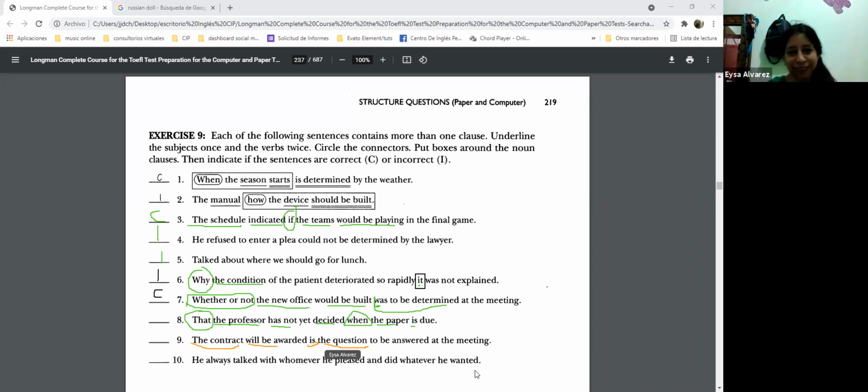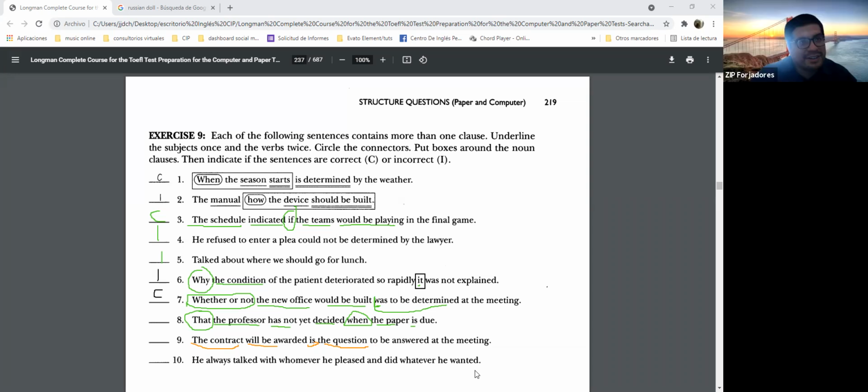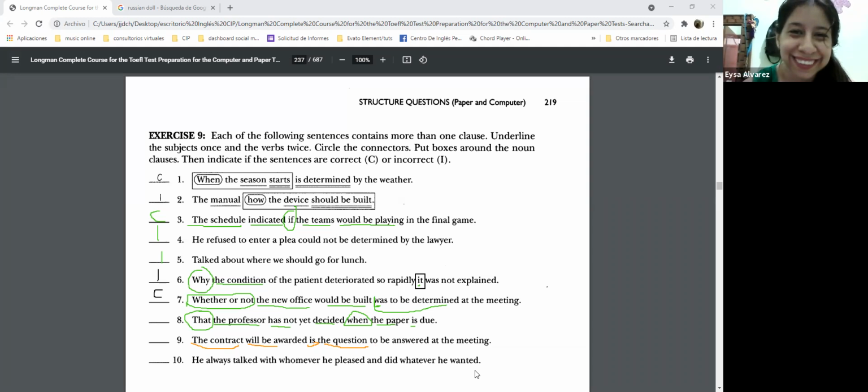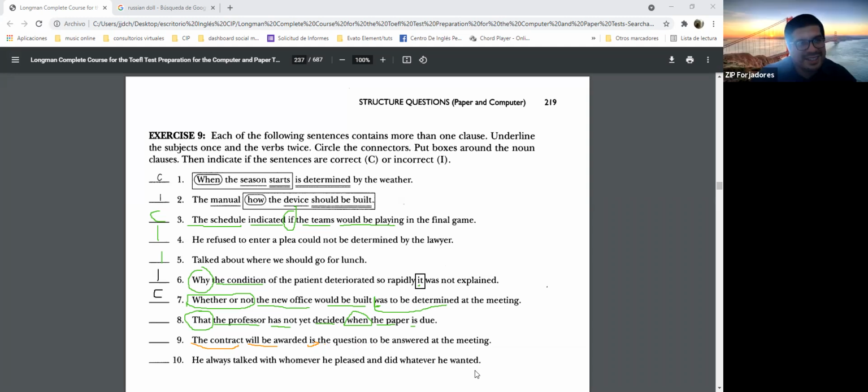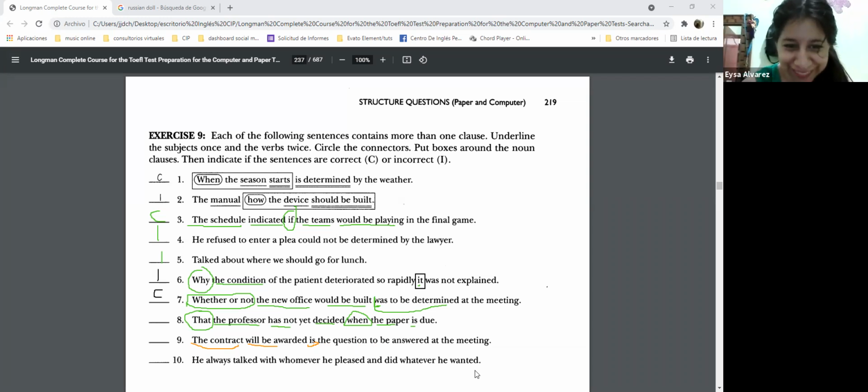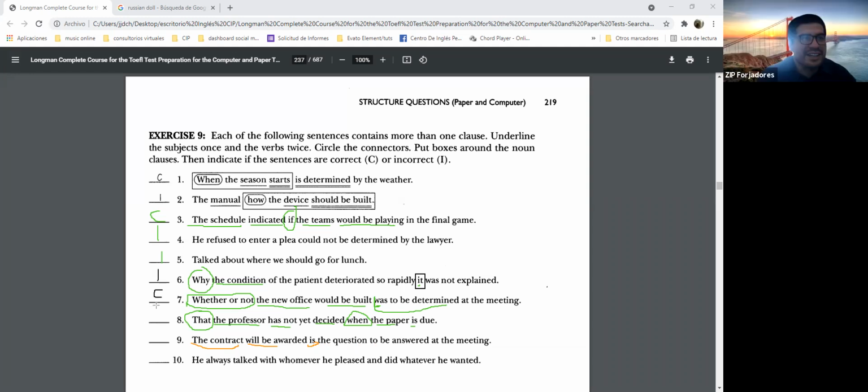The question is, is the subject, right? No, because it's after the is. Is the object? It could be the object. Yes. But I think it's incorrect, because we don't have a noun class connector. That's right. All right. So where are you going to write the connector and which one?